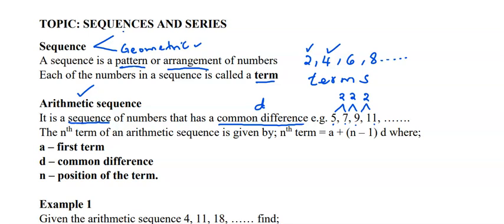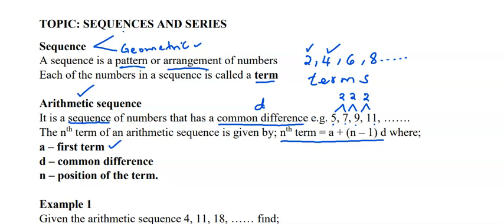To calculate the position of the term, the nth term means the position of the term. The nth term of an arithmetic sequence is given by a formula: nth term is equal to a plus, open bracket, n minus 1, close bracket, times d. And we define each of these terms. a is simply the first term.